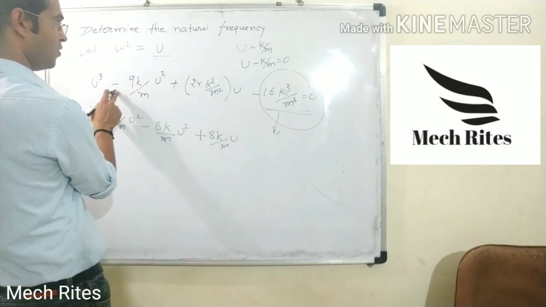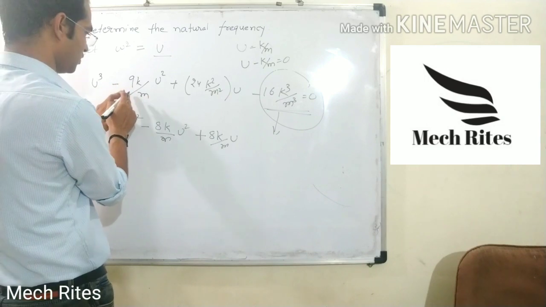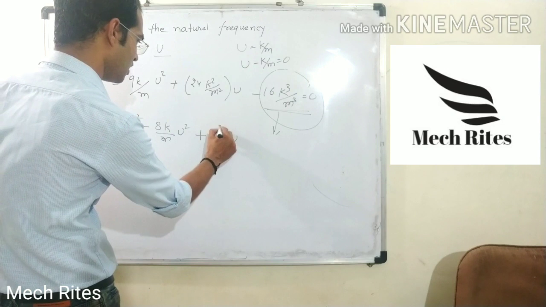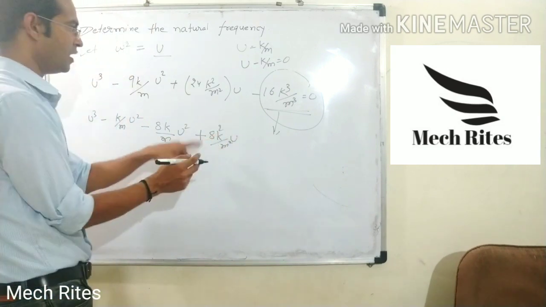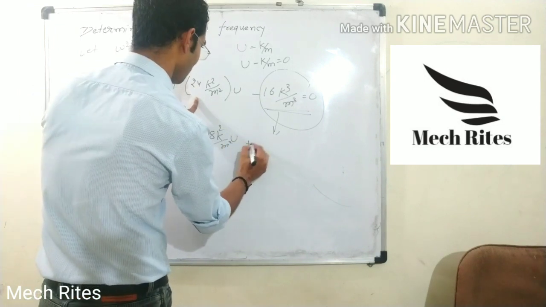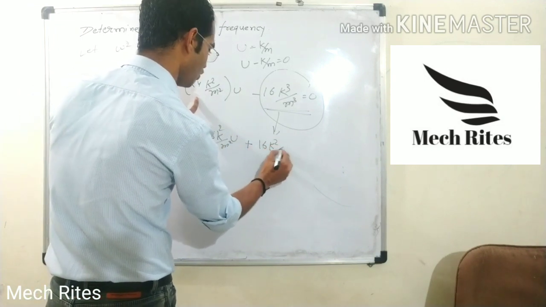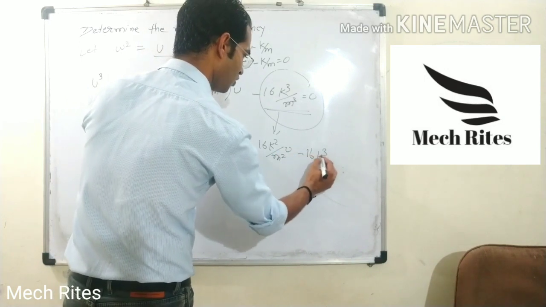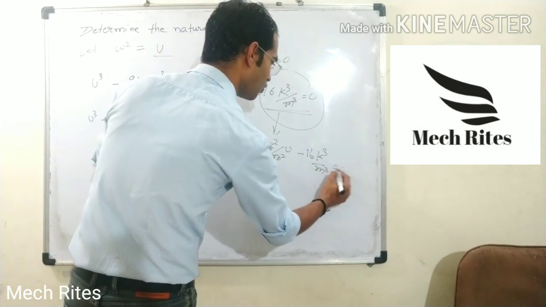K by m square is not here. So here is k square by m square. Here I will write k square by m square. 8 I have taken here. Rest are 16. So I will write here plus 16 k square by m square u minus 16 k cube by m cube equal to 0.